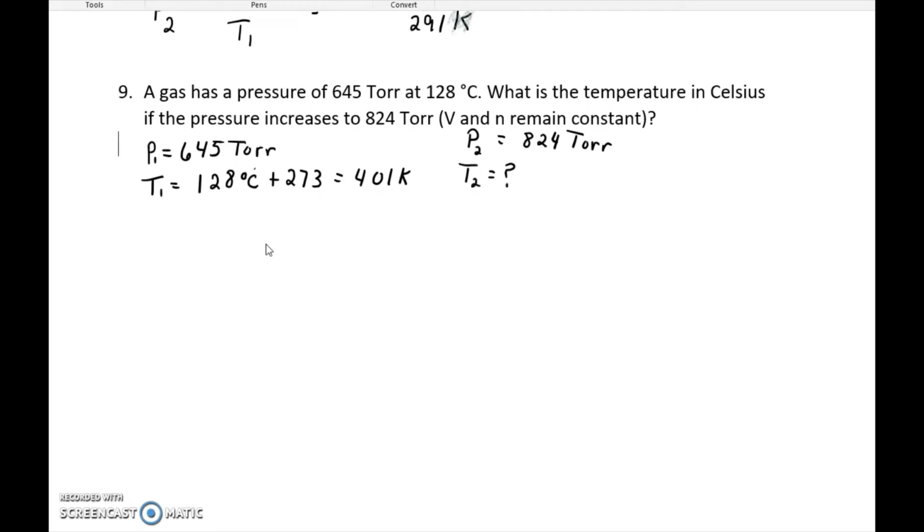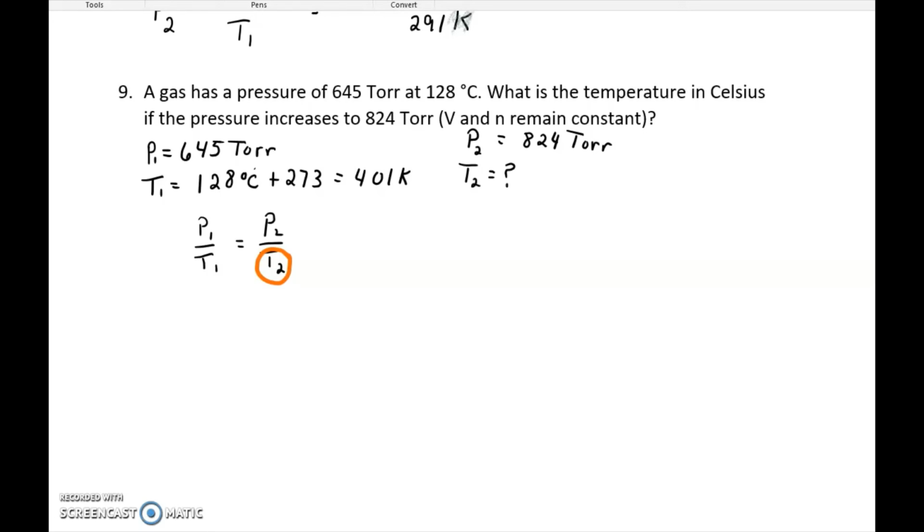Okay, so the formula that we'll be using is pressure 1 divided by temperature 1, this is the Gay-Lussac's law, equals pressure 2 divided by temperature 2. The one we don't know is this temperature 2. So the best way to deal with this, we've got an unknown and it's in the denominator.